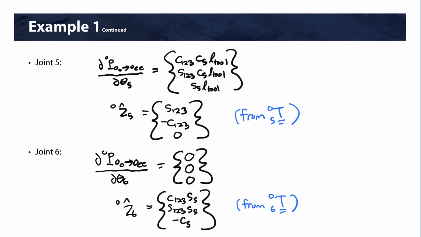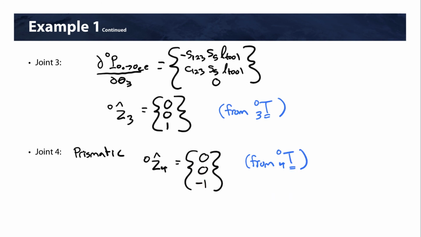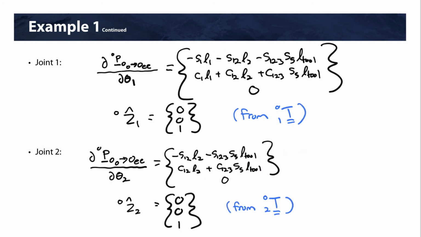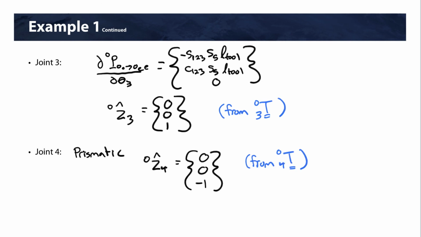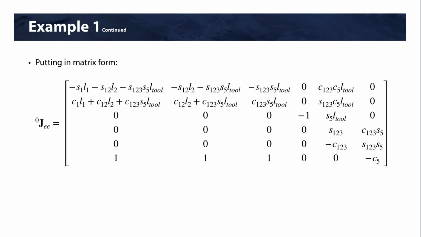All right, so we've actually found the whole Jacobian. Each of these is a column. We just need to now put it in matrix form. So if you put that all in matrix form, I already typed it out. This is our Jacobian for our robot.